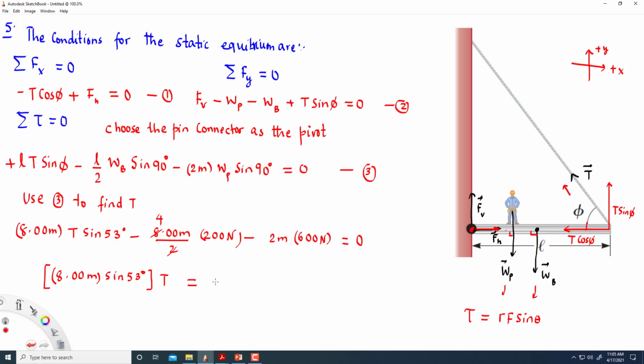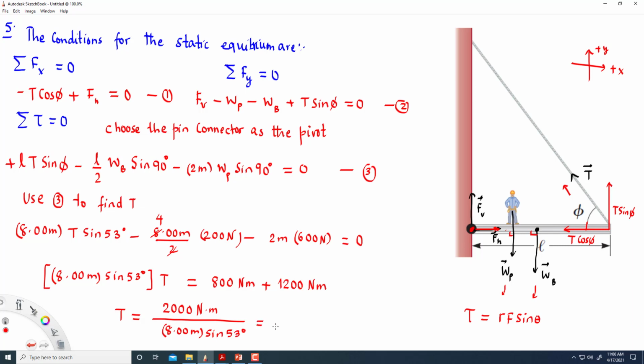So 4 times 200 is 800 newton meter, minus 2 times 600 is 1200. By the way, this negative becomes positive when it moves to the right, so 1200 newton meter. Now to find T, we'll divide both sides by this term. So T is equal to 800 plus 1200, which is 2000 newton meter, over 8 meter times sine 53 degrees.